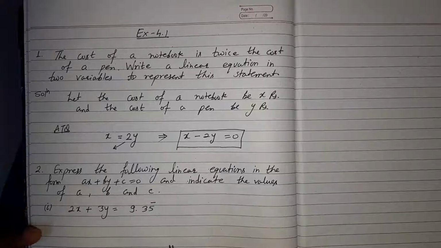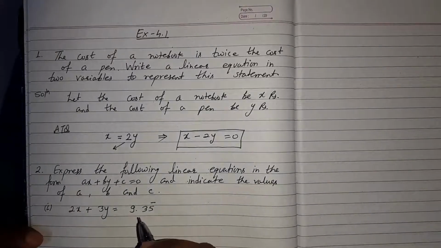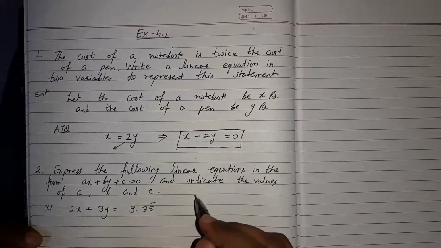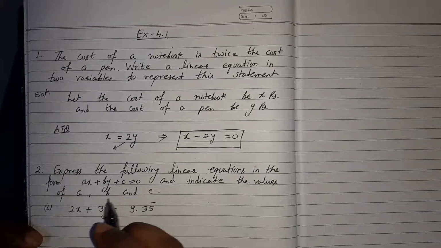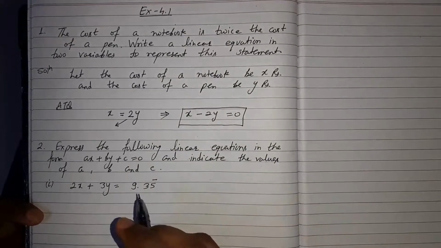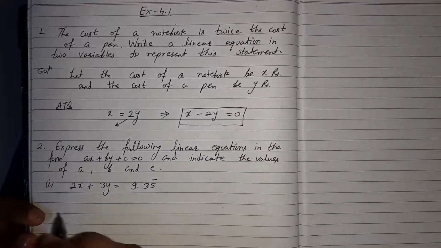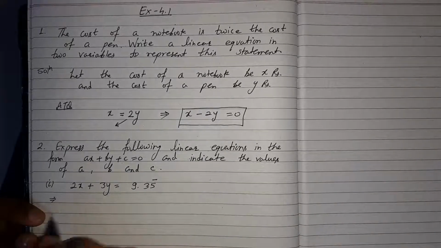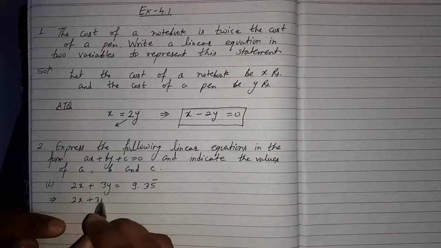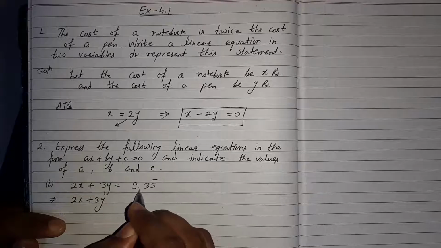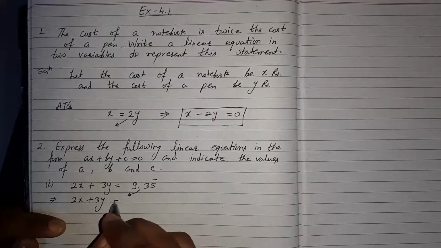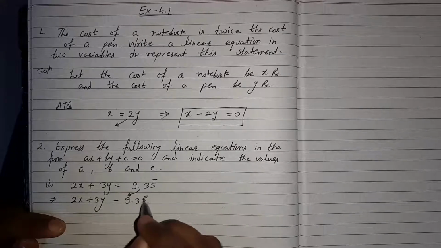Now question number 2: express the following linear equations in the form ax plus by plus c is equal to 0 and indicate the values of a, b and c. The first part is 2x plus 3y is equal to 9.35 bar. The standard form of this equation will be 2x plus 3y, transposing 9.35 bar to the other side, so it becomes negative, minus 9.35 bar is equal to 0.